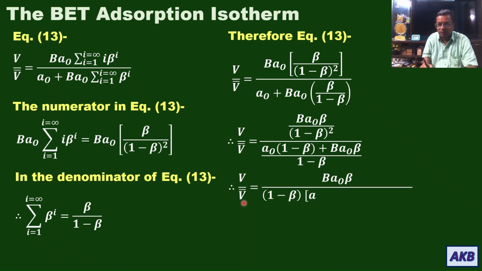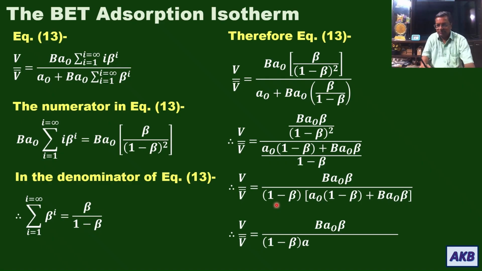So v upon v bar will be equal to b into a naught into beta divided by, so 1 minus beta gets cancelled with this, and then after simplification you get this equation: v upon v bar is equal to b into a naught into beta divided by 1 minus beta into a naught into 1 minus beta plus b into a naught into beta.